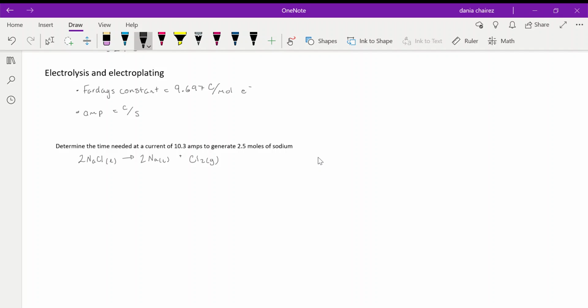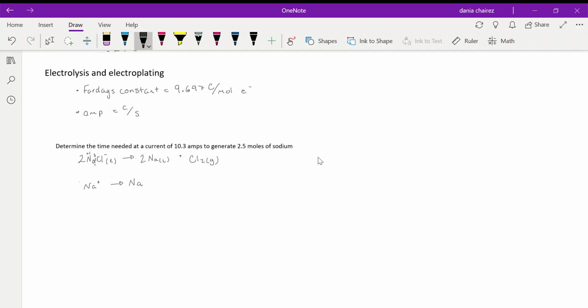So first we're going to write the half reaction that we want to deal with, which is essentially the sodium one, and it's just going to be Na+ yields Na. So we're just breaking this apart down the middle, and we know that our Cl has a charge of -1 and this one of +1.